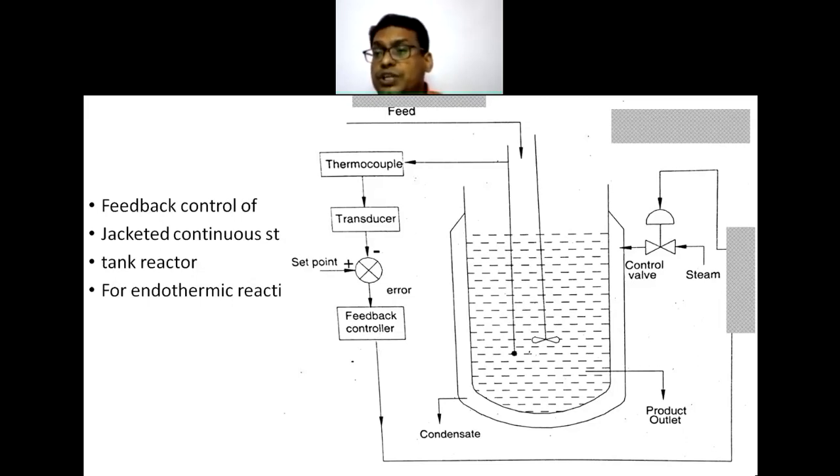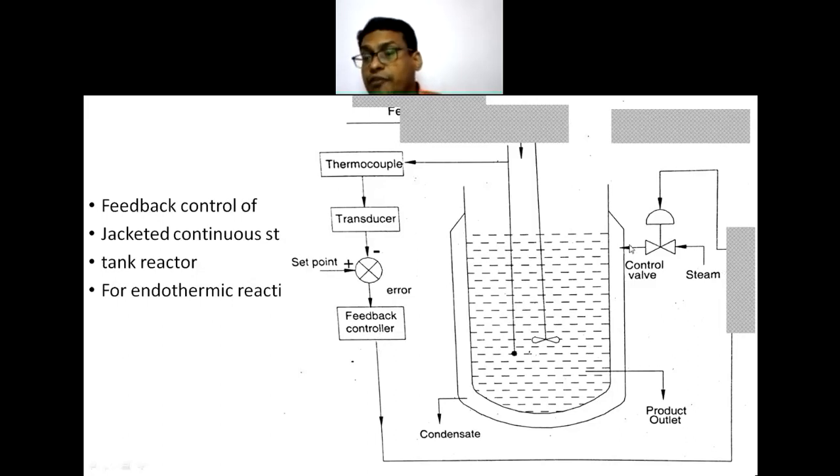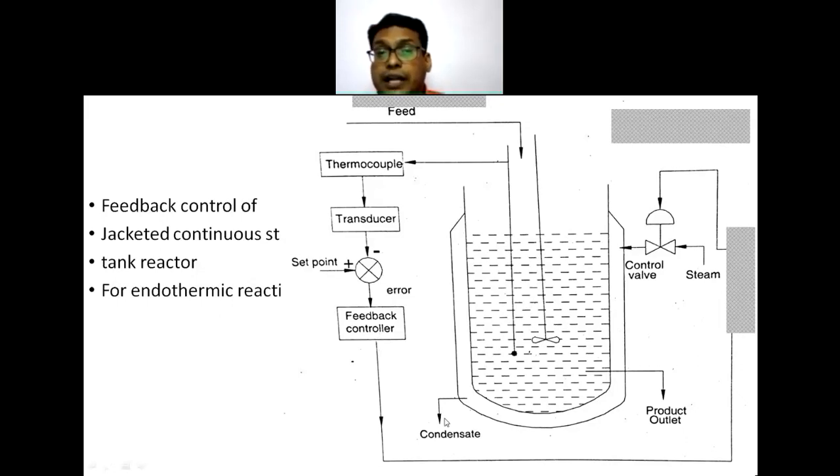Because we are using steam to increase the temperature, in general, whenever steam is used, we are considering only the latent heat that is transferred. We are not taking into account the changes in temperature. Sensible heat is not taken into account. Only the latent heat is taken into account.